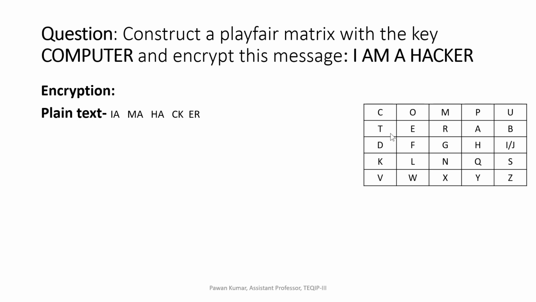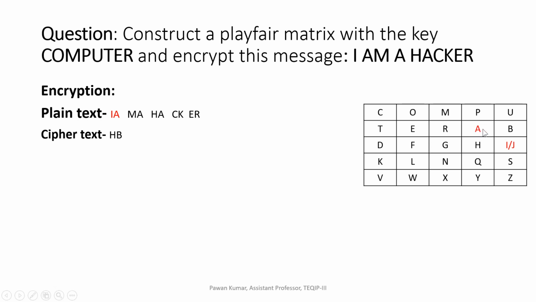I am going to encrypt here. I have to find out in which place these characters are in the matrix. First IA: I is found here and A is found here. We can see both characters are not in the same row and not in the same column. That means the third rule will be applied.